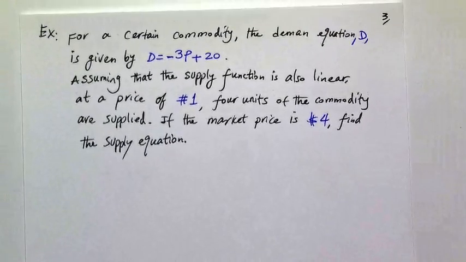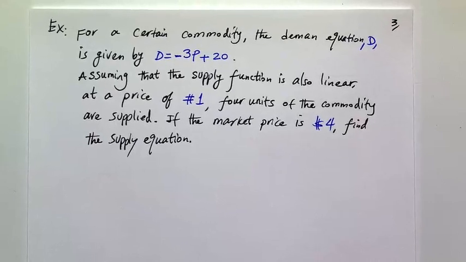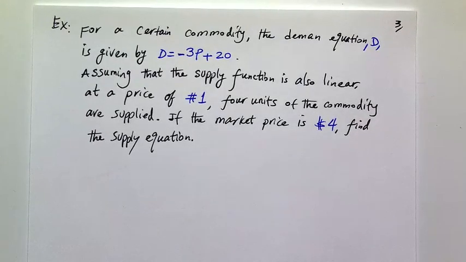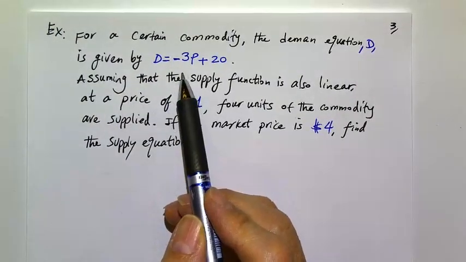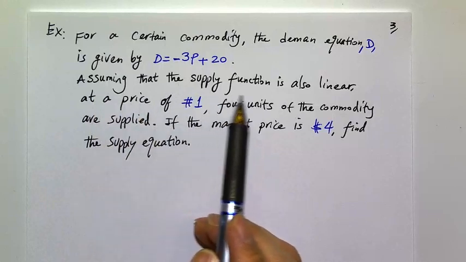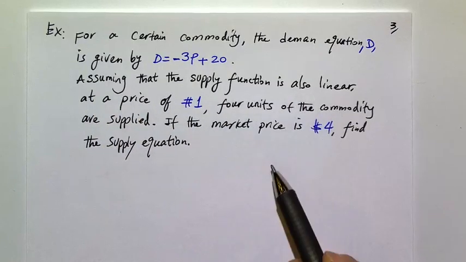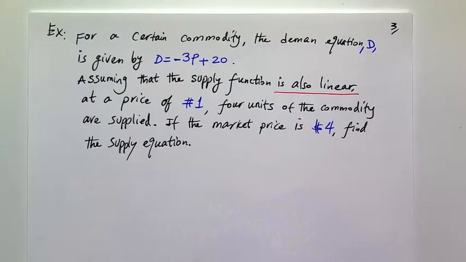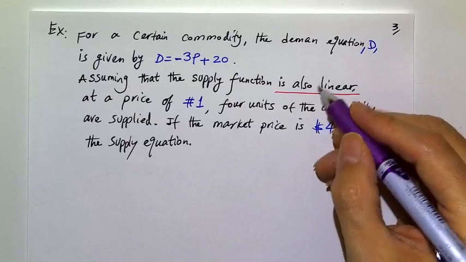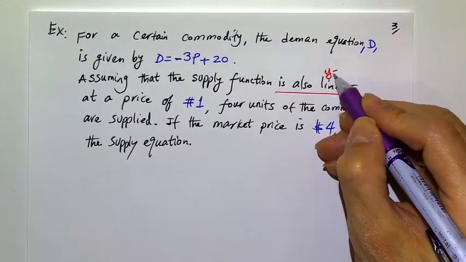Another problem would be this one. It's again about supply and demand. So we have here, it says for a certain commodity, the demand equation D is given by this function. And assuming that the supply function is also linear, this is a pretty significant piece of information here. If the supply function is linear, then it's going to follow this kind of pattern.